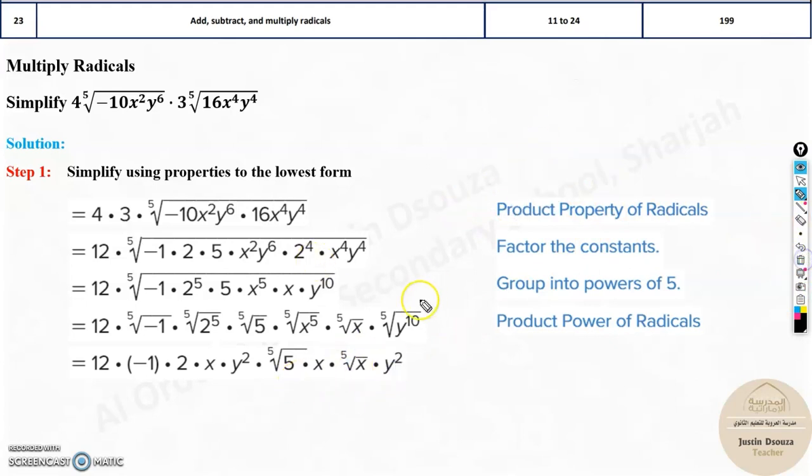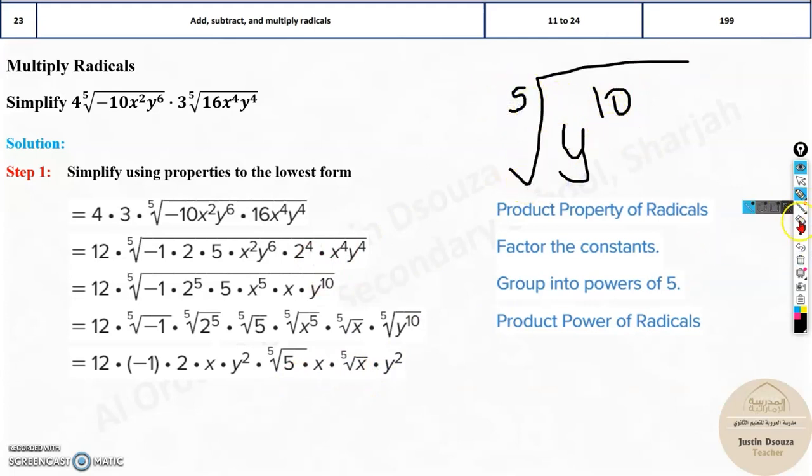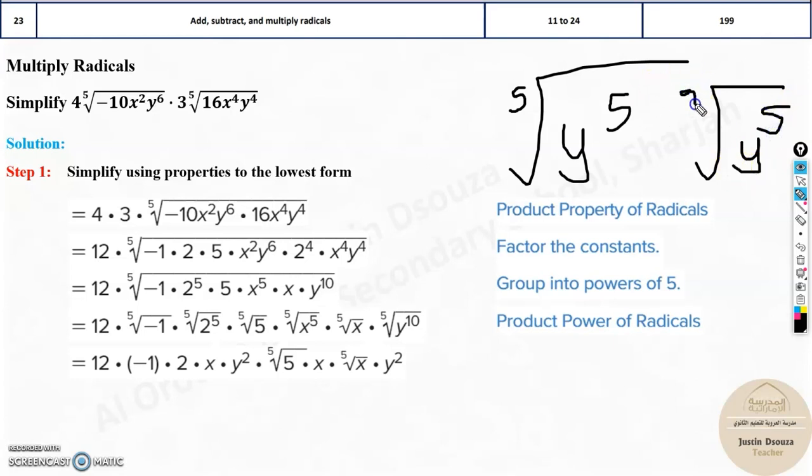The same thing, what happens is y to the power 10, that is fine because it's a multiple of 5. So basically, you will have y to the power 5 and over here again, y to the power 5. So this is what we are doing. Now you will have two of these terms. So that is why we keep them in terms of multiples of 5, because the radical is 5 over here. And then all you need to do is simplify.